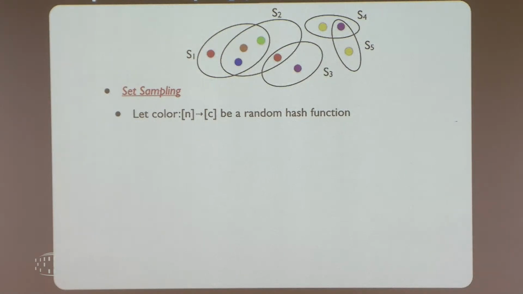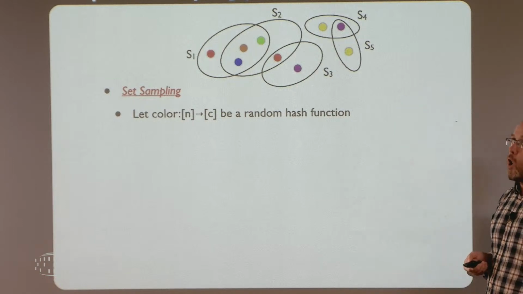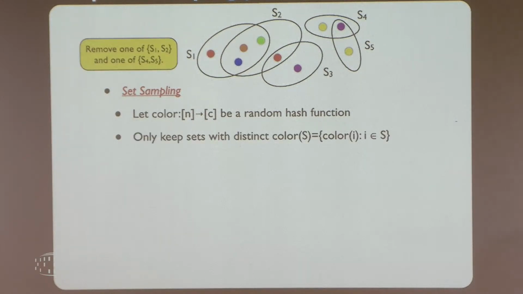And then amongst all these sets, we'll only keep sets that have distinct collections of colors. So for example, set S1 and set S2 both have the same 4 colors, so we'll only keep one of S1 and S2, and similarly, we'll only keep one of S4 and S5.